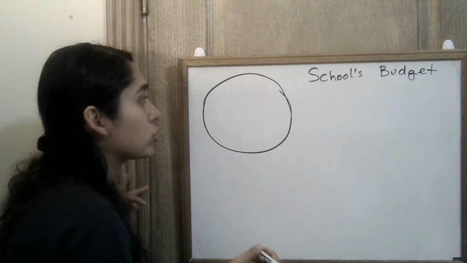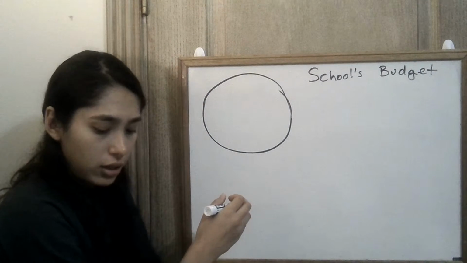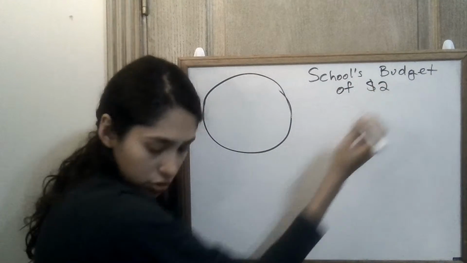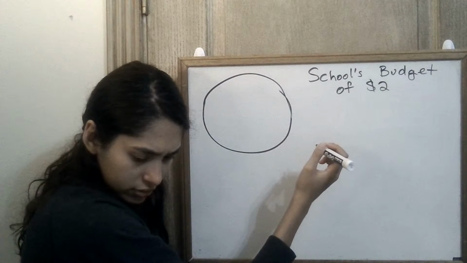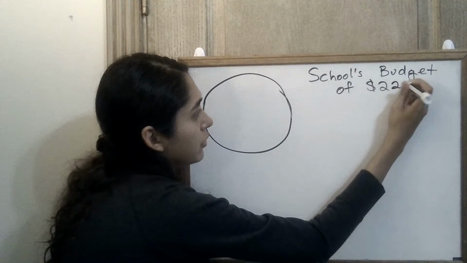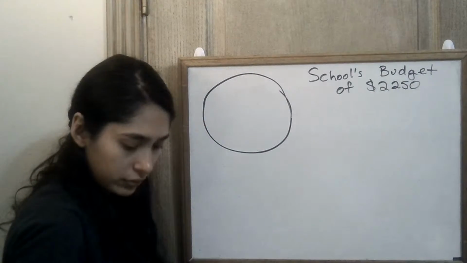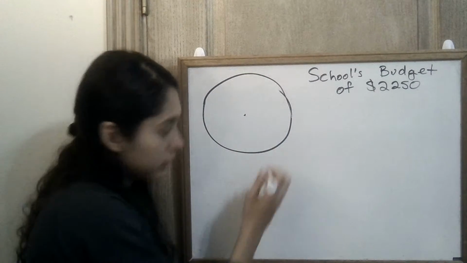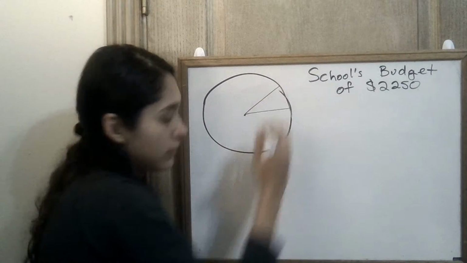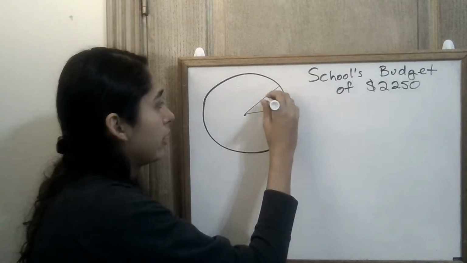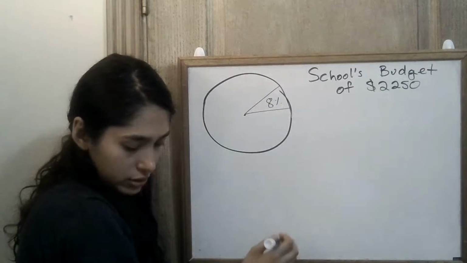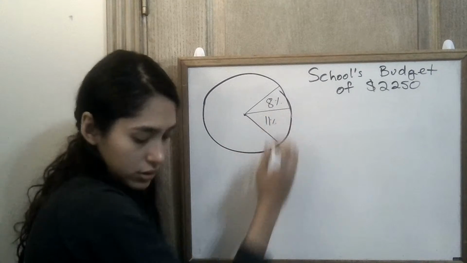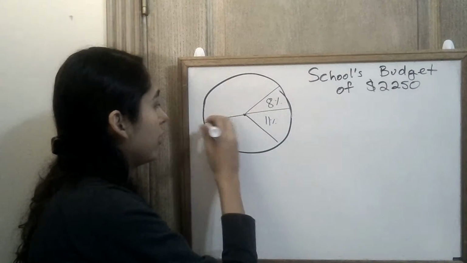Okay, so here we're talking about a school's budget of $2,250. So let's go ahead and cut this up. So we have 8% here, 11%, 35%.